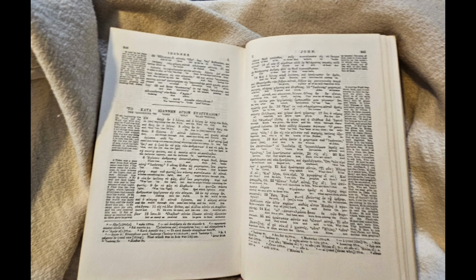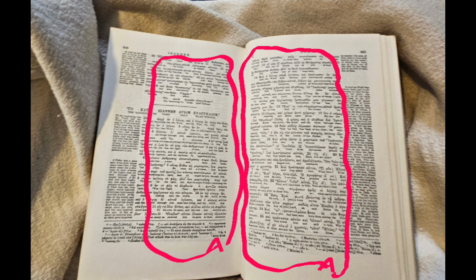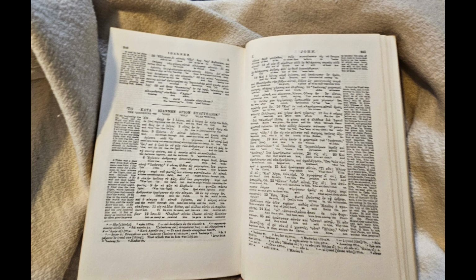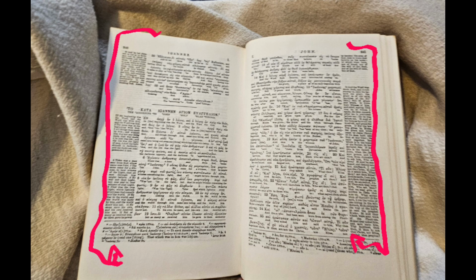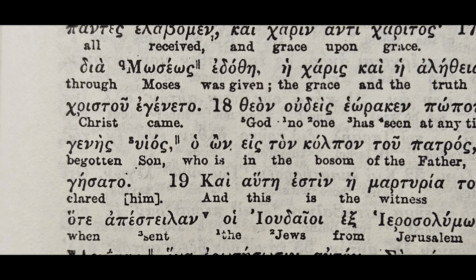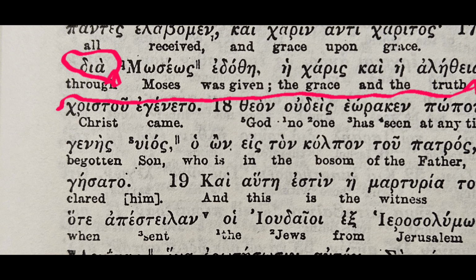Opening the book, we see the main text presenting the Greek language of the Scripture with English translations below the Greek words, and we see the English version in the margin. Here we see a sample of the text with the Greek words above and the translated English word below.